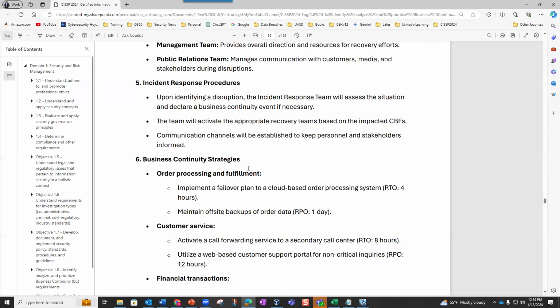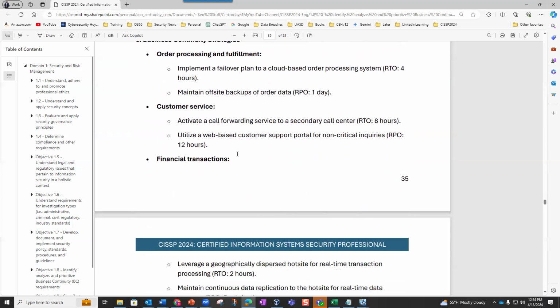And obviously the incident response team will be in charge of that if you do have a well-established incident response program or plan. If you don't have one, then these things become a problem. The team will activate the appropriate recovery teams based on the impacted CBFs. Communications channels will be established to keep personnel and stakeholders informed.